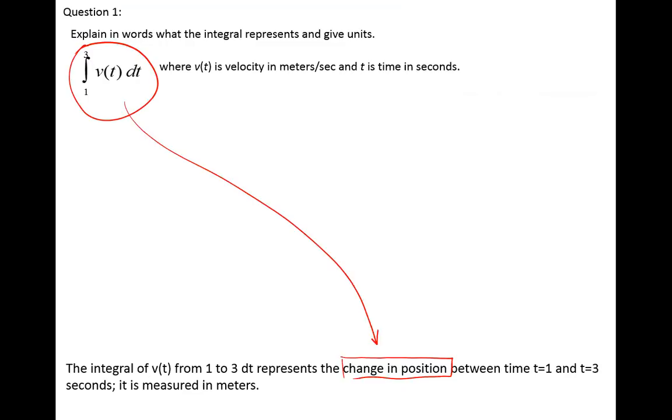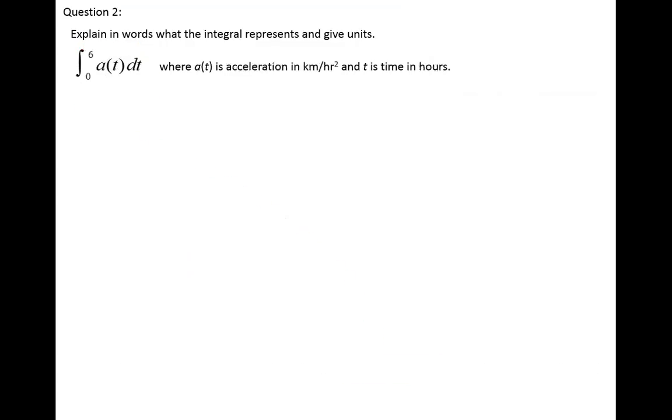Okay, and then the acceleration. If A of t is the acceleration, acceleration is the rate of change of the velocity with respect to time. That means the definite integral of the acceleration will represent the change in velocity.